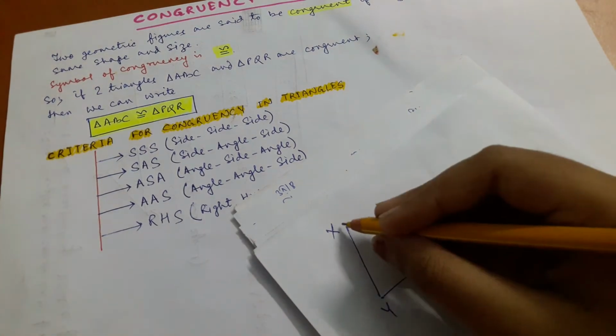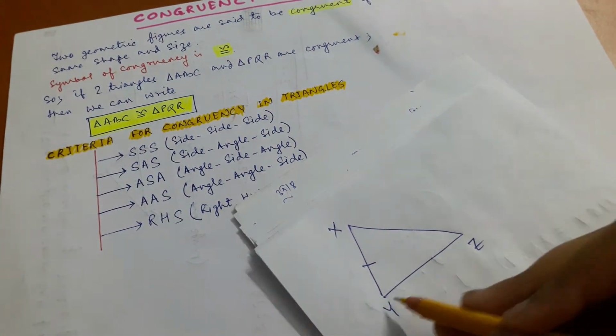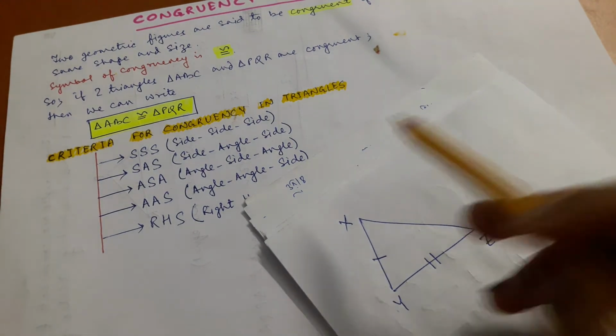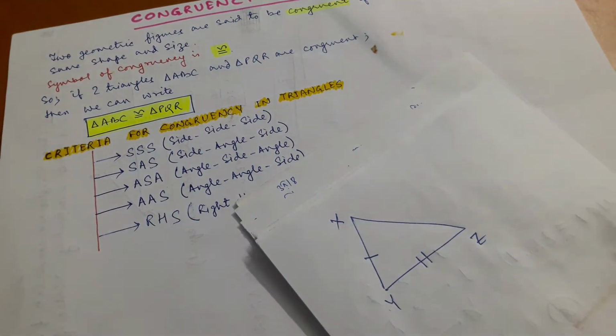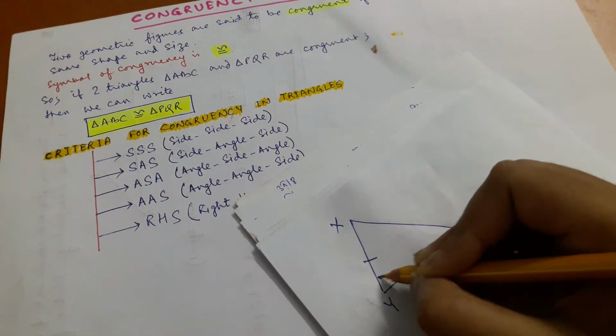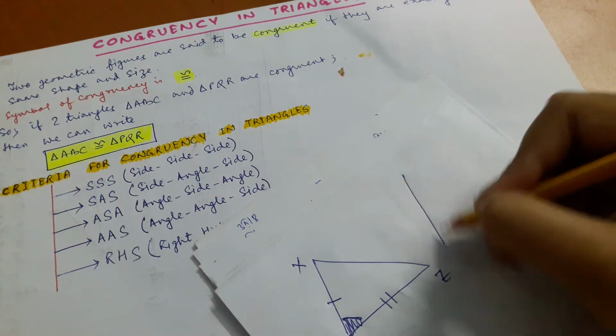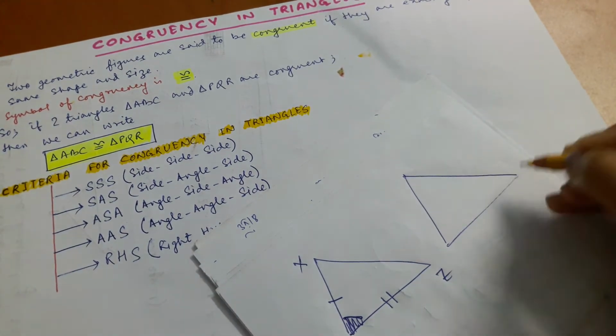If I talk about side XY and side YZ, then to satisfy the SAS criteria with some other triangle, I have to talk about angle XYZ. Okay. So for two triangles, I am drawing another triangle ABC.